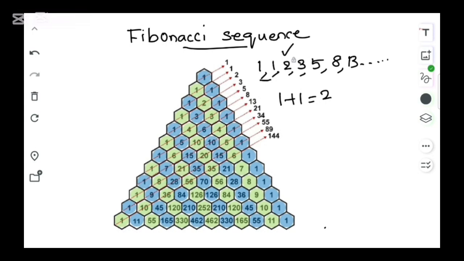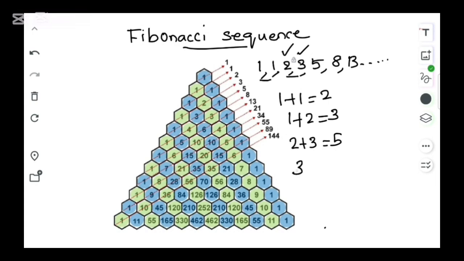Next we add the last 2 numbers. 1 plus 2 is equal to 3. So 3 is the next number. Then we add 2 plus 3 is equal to 5. The next number is 5.